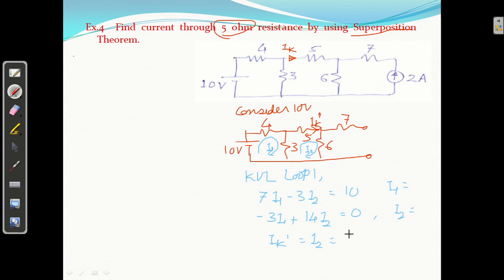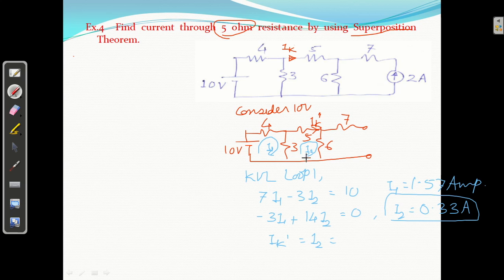You will get I1 equal to 1.57 ampere, and I2 equal to 0.33 ampere.